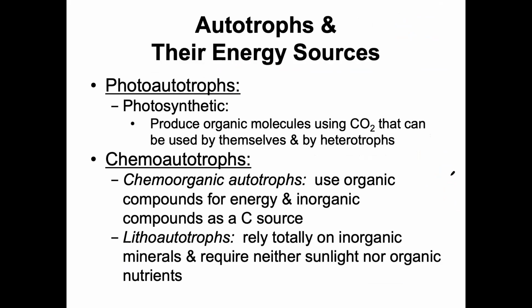And a lithoautotroph relies on inorganic minerals and requires no sunlight or organic nutrients because it makes it itself. So where's it getting its carbon? It's getting its carbon from CO2, carbon dioxide, and that's in the atmosphere.